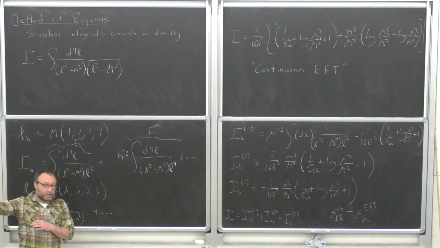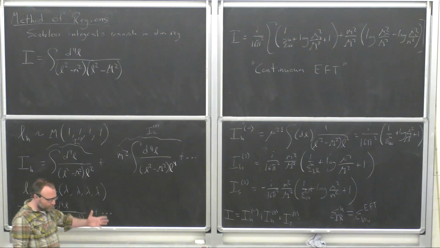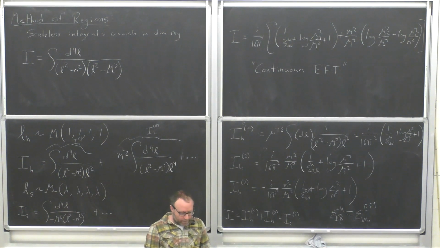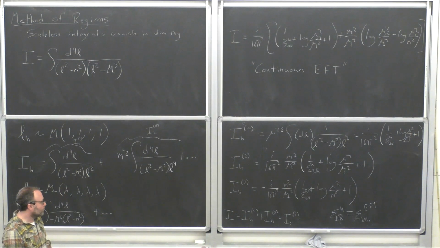At some level Martin's insight was that all of those contributions were scaleless, and the hard work was convincing himself and his collaborator that this procedure would really hold. My understanding is that it's proven, but not super rigorously, and there are no known counterexamples. So this is believed to be true for Feynman integrals, and it justifies this continuum EFT approach.